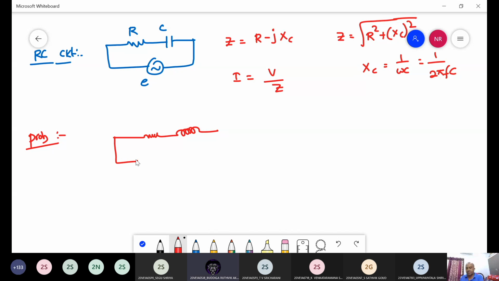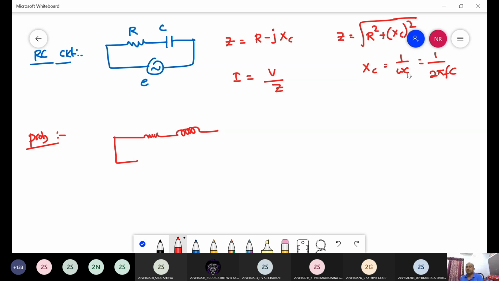Sir, what is the relation between XC and XL? Is there any formula to find XC if XL is given? No. Those are to calculate XL and XC separately.